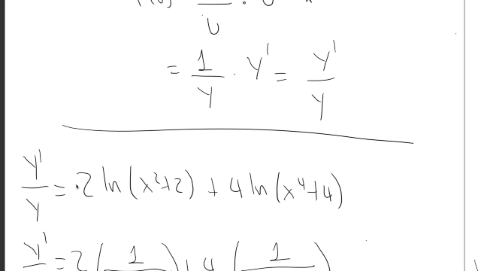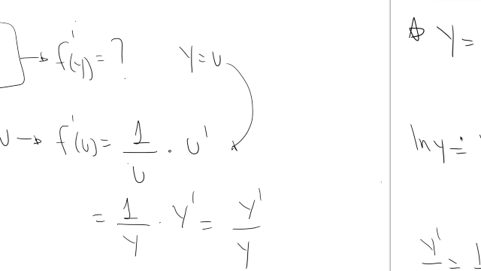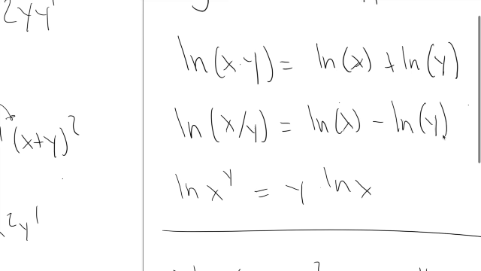But now, remember that this is part of a bigger picture. I started with natural logarithm of (x squared plus 2) to the power of 2. But if you remember the natural logarithm rules that I showed you at the beginning, here they are. Natural logarithm rules also said that when you have natural logarithm of something to the power of something, whatever is the power comes down to multiply the natural logarithm of the inside.